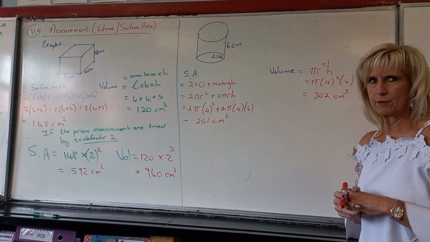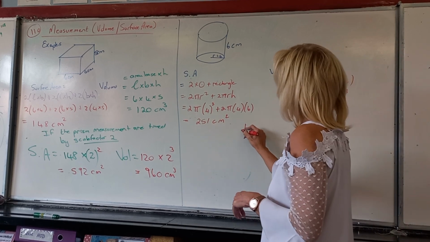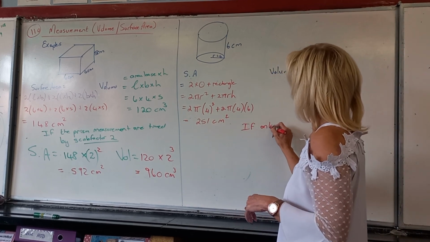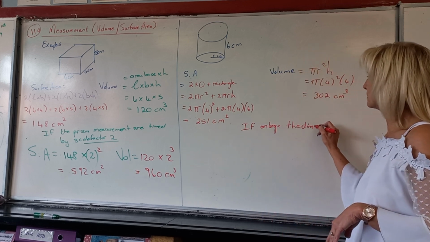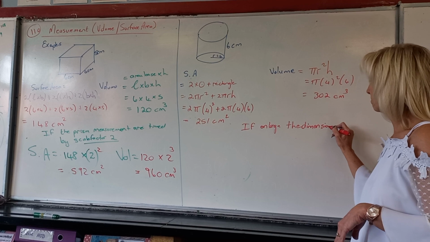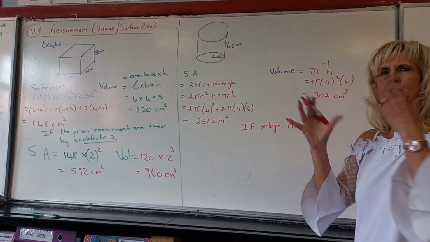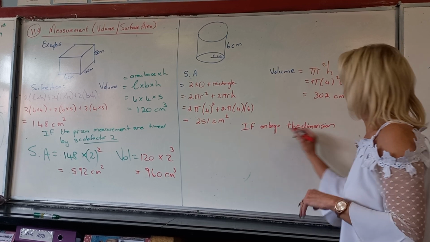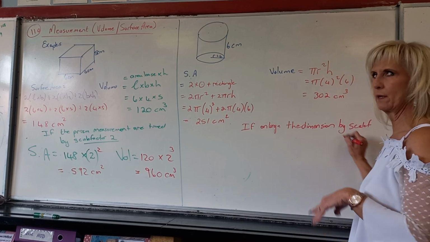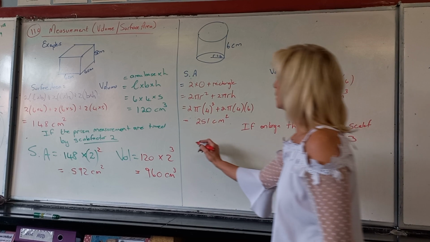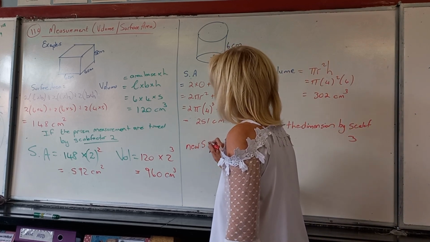Let's again do scale factor. If I enlarge the dimensions, let's talk a little bit different English. If the dimensions are enlarged by scale factor, let's make it 3. What would be the new surface area?